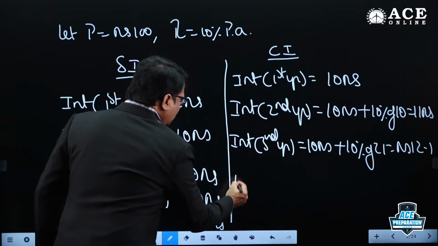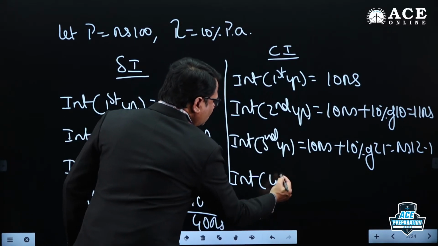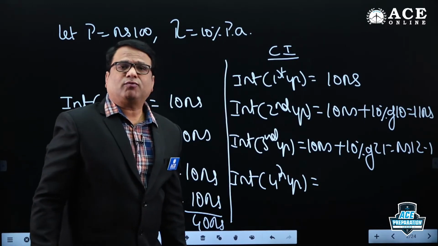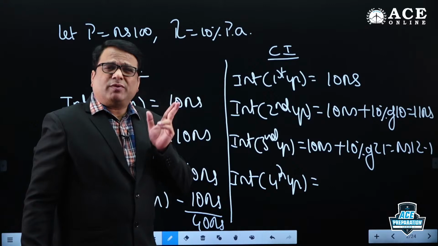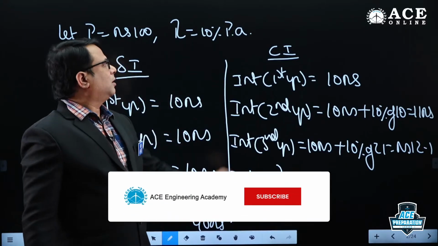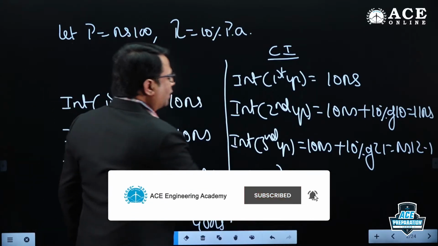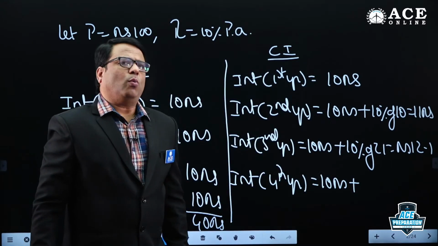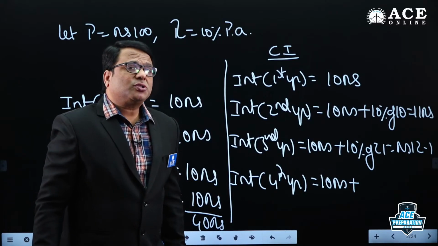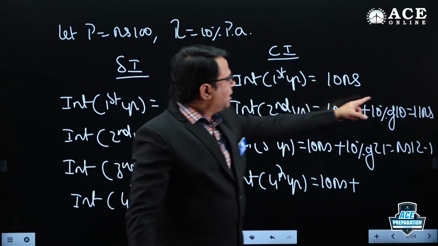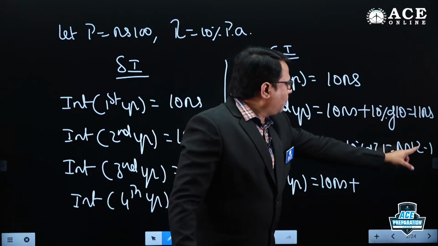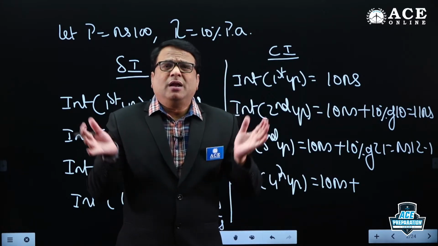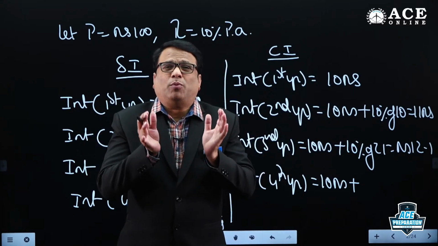Then, interest for fourth year. Once again, first we calculate interest on the principal. So 10% of 100, it's 10 rupees. Plus, what is the interest accumulated in first 3 years? First year 10 rupees, second year 11 rupees, 21 plus 12.1, 33.1. So in first 3 years, the interest accumulated is 33.1.